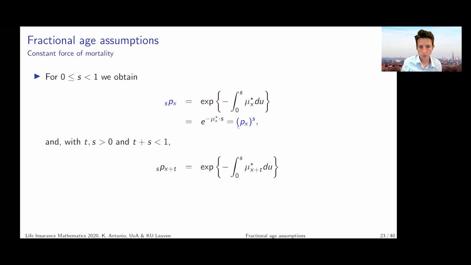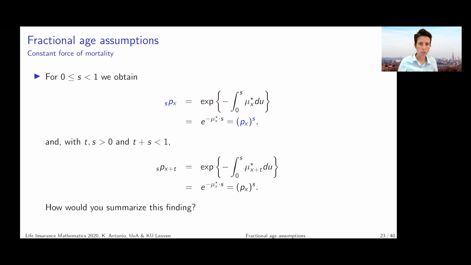So if I would further work with that, if I would say, what if I look at spx plus t instead of spx, as long as the t plus s stays below 1, so as long as I stay within this interval between x and x plus 1, then of course I get the same value mu x star over here, and I've got exactly the same expression.